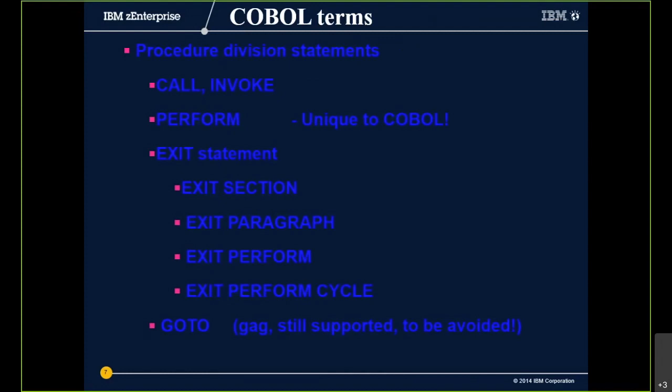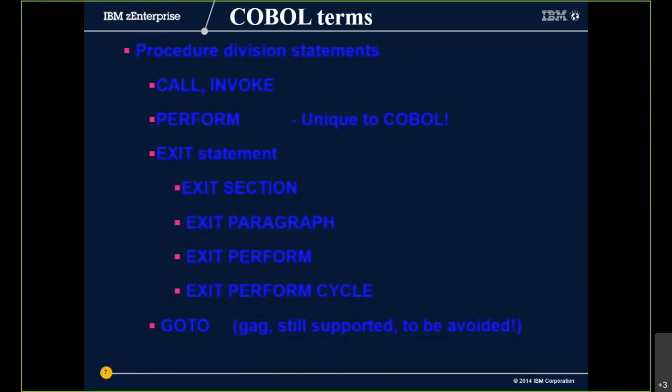Then there's an exit statement, and the latest COBOL standard, the 2014 standard, added exit perform cycle, which is really neat. It reminds me that I meant to add an example of that in the COBOL example I'm going to show you, but I didn't. Anyway, there are lots of different ways to leave your program or your section or your paragraph.